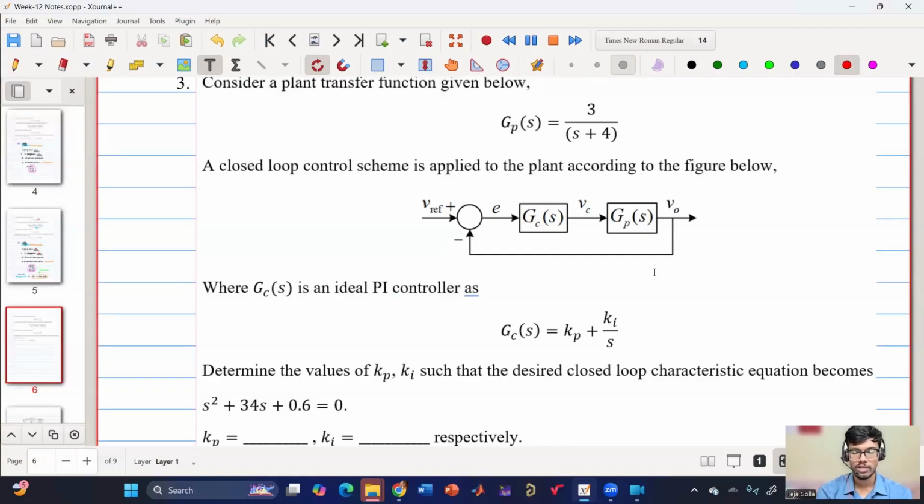I have given a first order transfer function, say current control, and then I have given a PI controller, and then I have given a characteristic equation. So the order of the system will reduce. Now how are we going to get the gain? This will also be simple because we have solved that problem. Once we solve this, then we'll move to the final discussion of today, which is the digitization aspect.